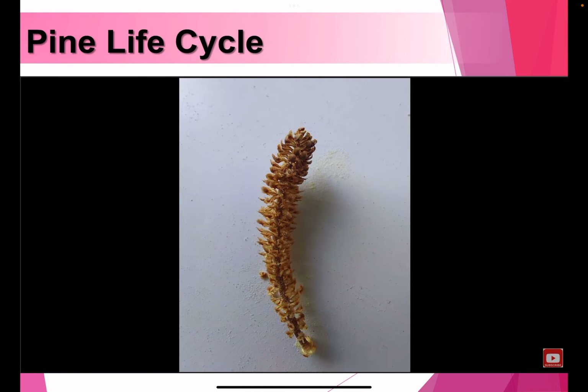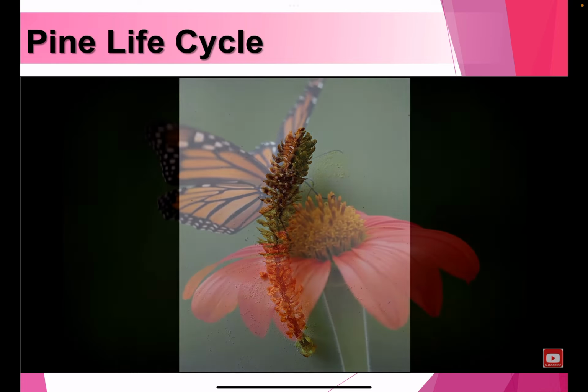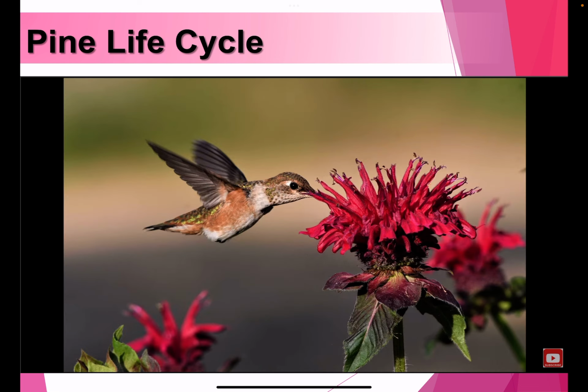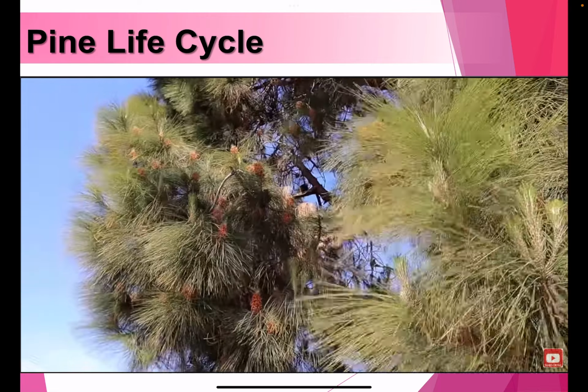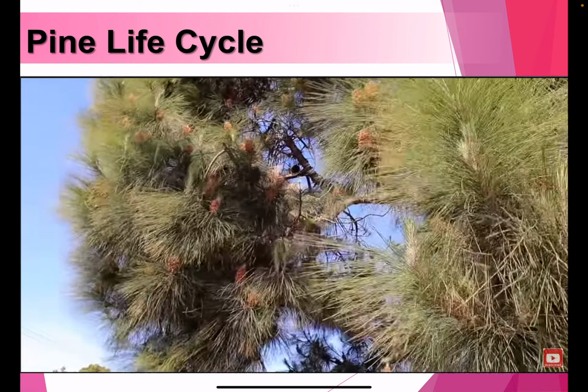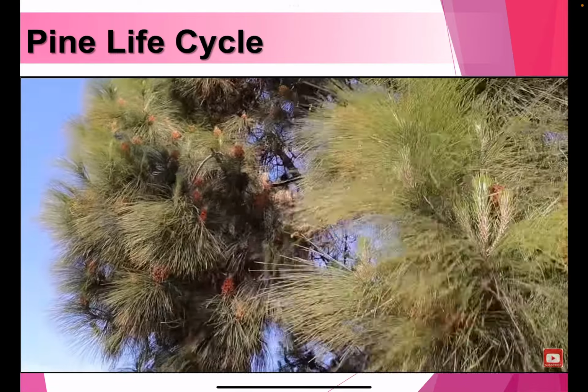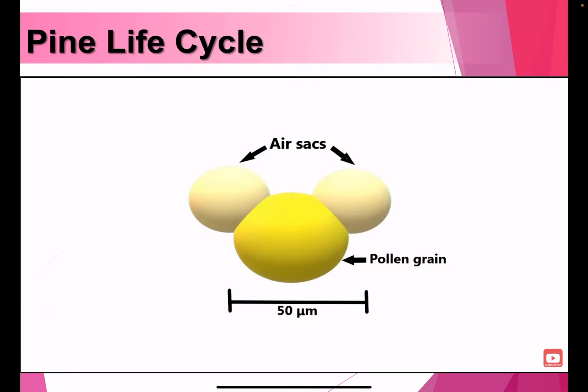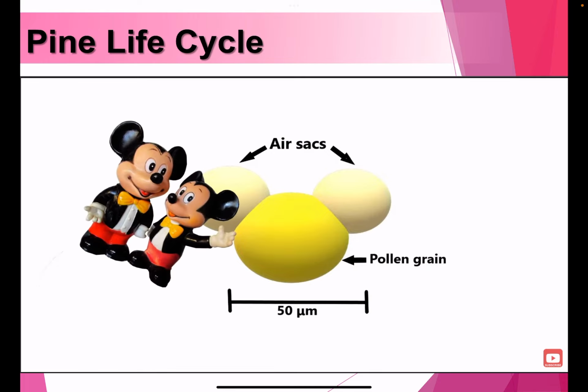Every individual pollen grain can produce male reproductive cells called sperm. Pines are not pollinated by insects or birds, as you might be used to from flowering plants. Instead, the pollen is released from male cones and carried away by wind. Each pollen grain is equipped with 2 air sacs to help it float in the air, which makes them look like Mickey Mouse's head.